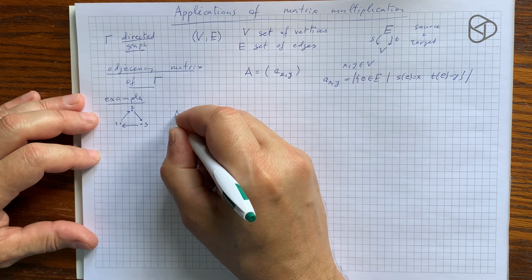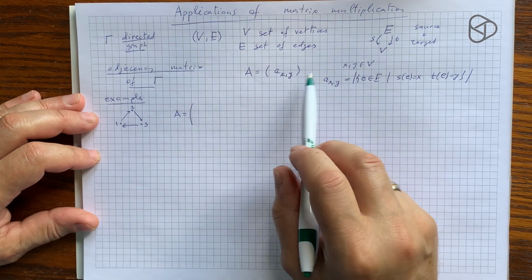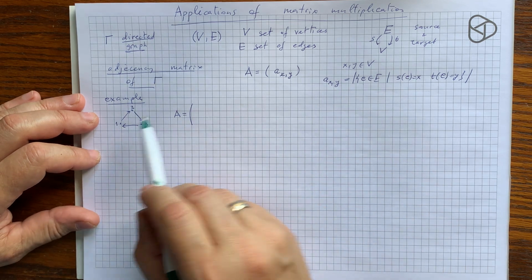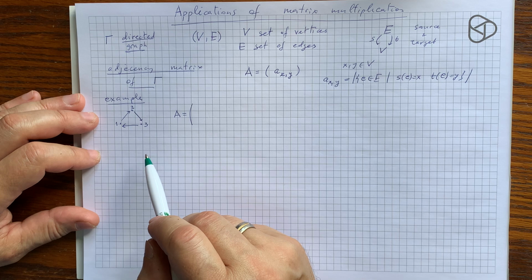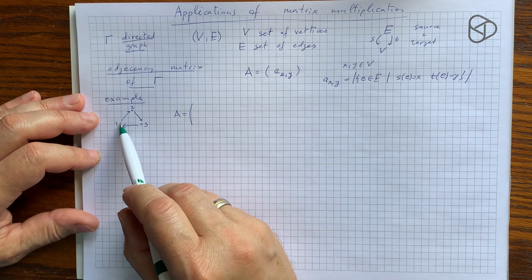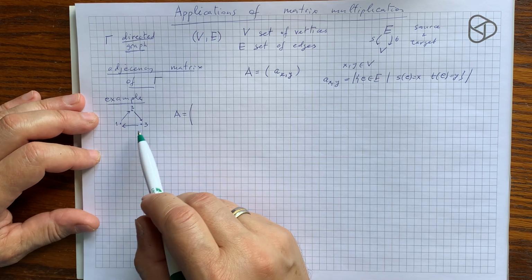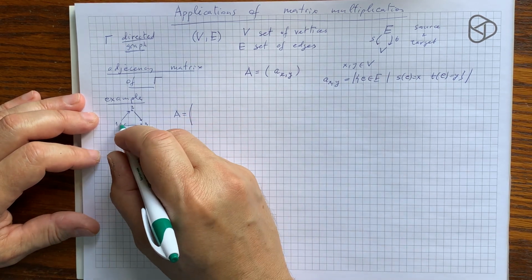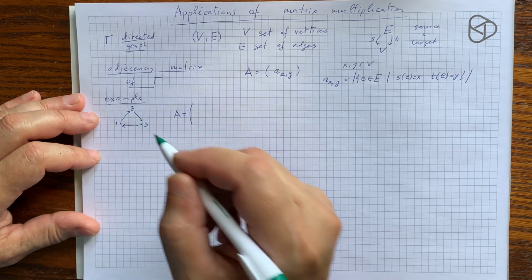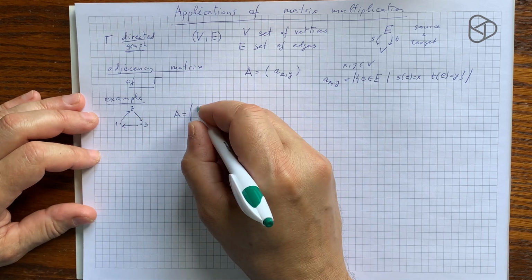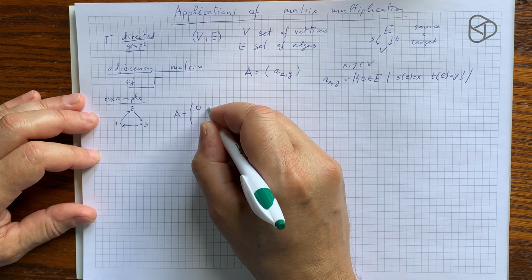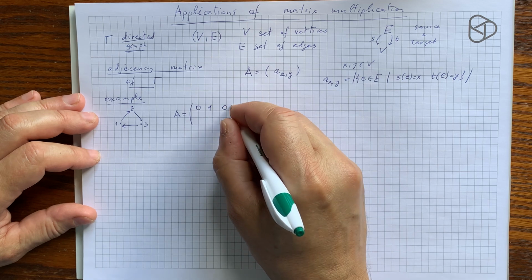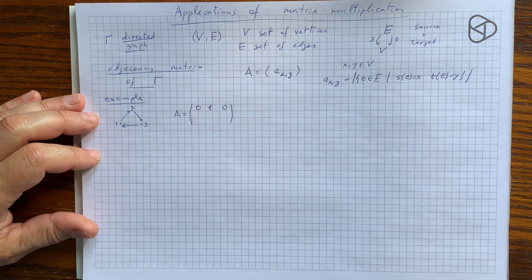And then the matrix, according to this rule, if we fix X, if we look at the vertex, then entries of the corresponding row will be numbers of edges going to all other vertices, including the vertex itself. So from 1 we only have one edge going to the second one. So none to the first, 1 to the second, and none to the last.